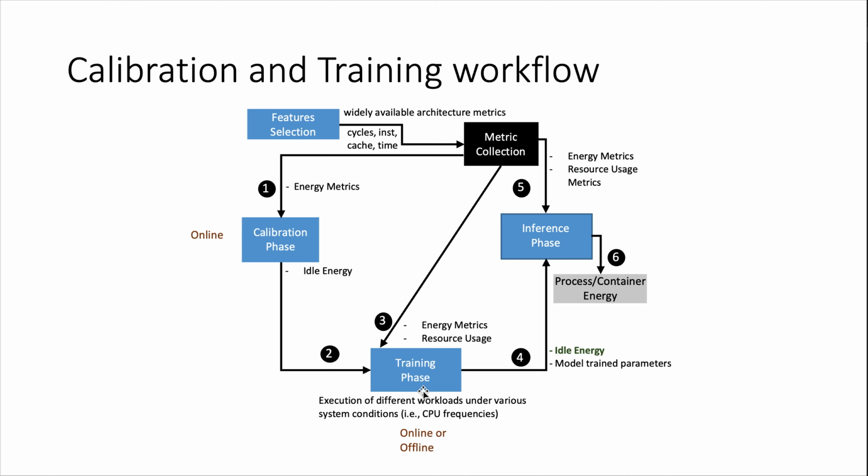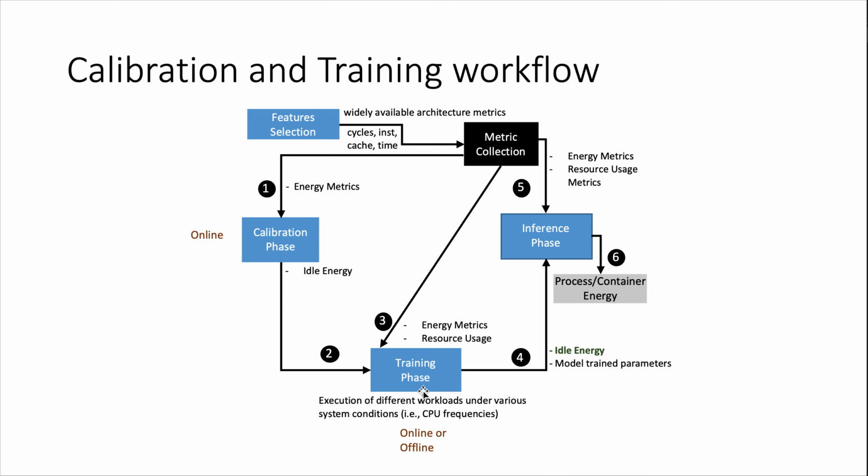Okay, so just an overview of how the whole process works. First, we select a set of widely available metrics, such as CPU instructions, cycles, and cache, that will be used for the power model. Then Kepler first calibrates to discover the idle power consumption, which can vary for different systems.